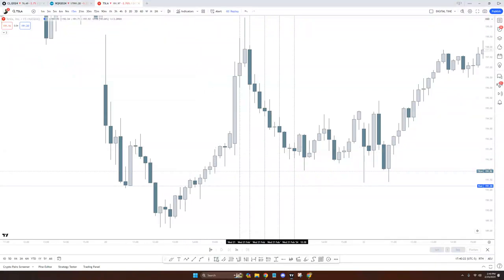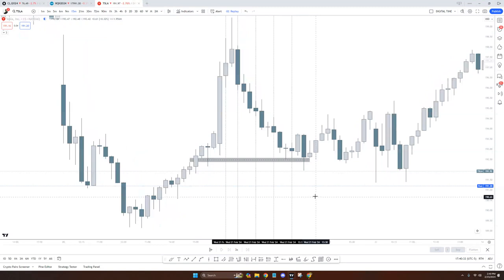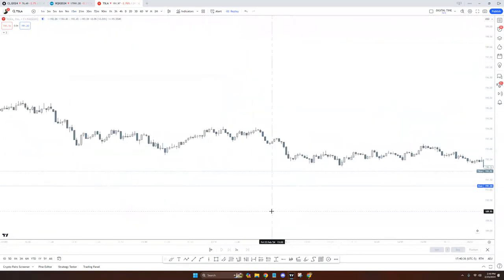If you were to observe the 15-minute, then you can see this very small 15-minute BISI, and price does not hit it until right around 1235.